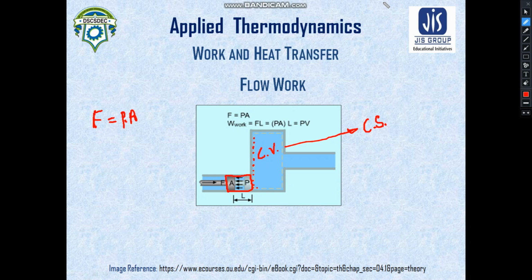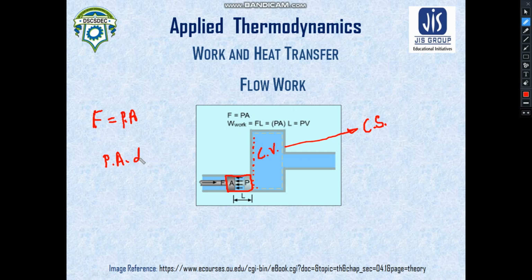Please listen very carefully. Flow work is almost the same, or analogous to displacement work. That means flow work and displacement work are conceptually very much the same. So if this piston is displaced by a small length, say dl, then the work done will obviously be P into A into dl.